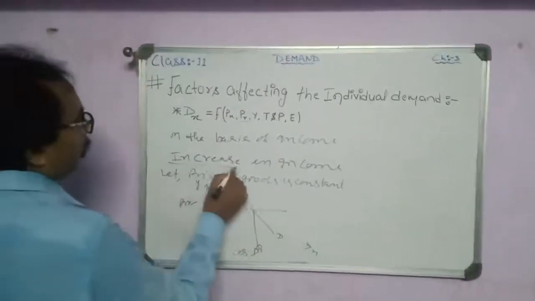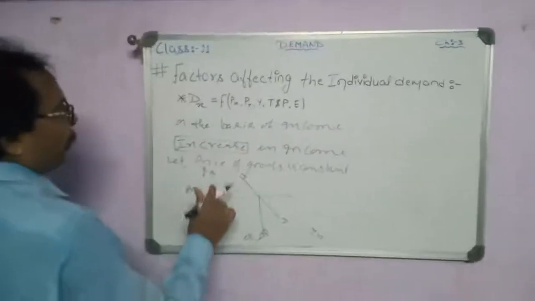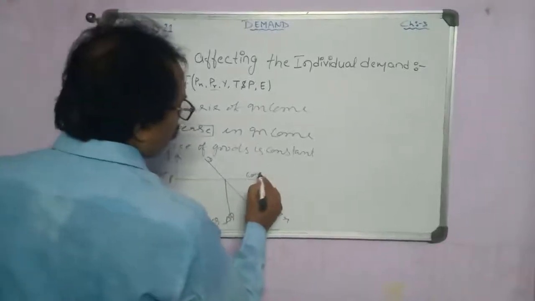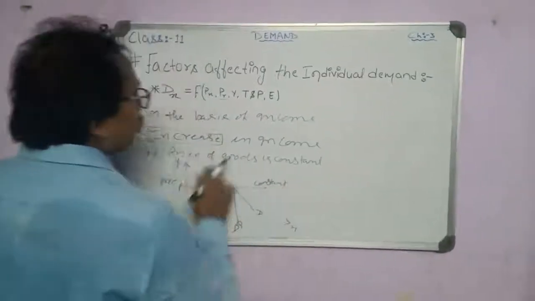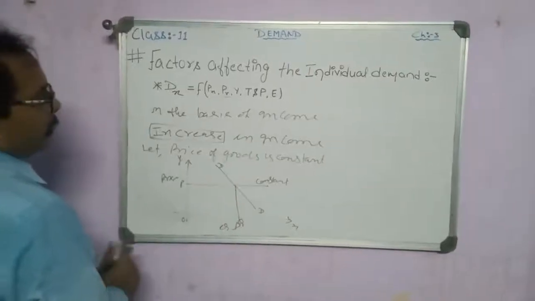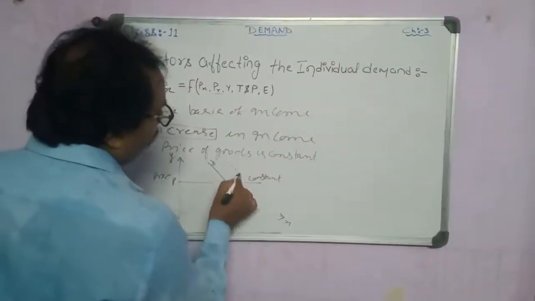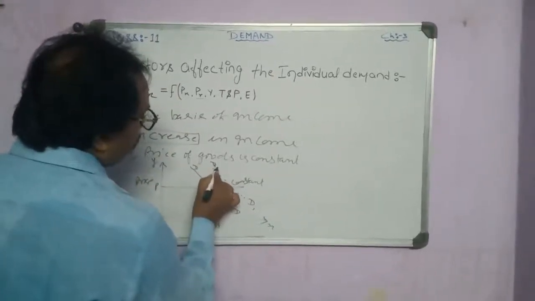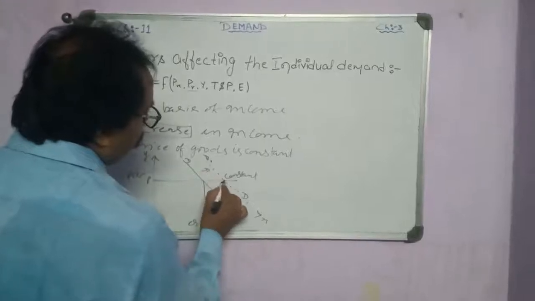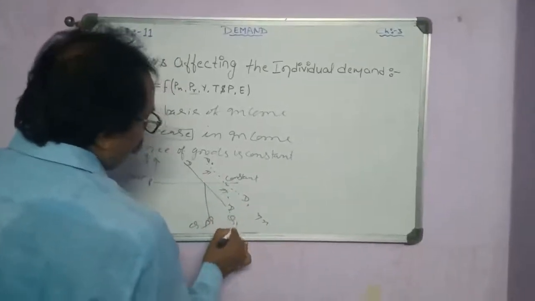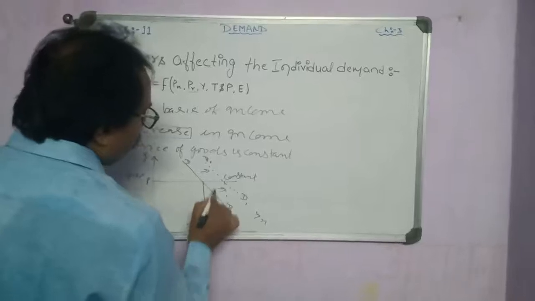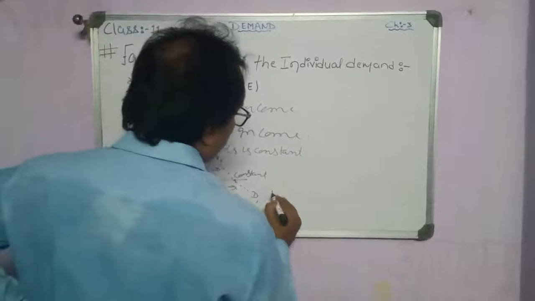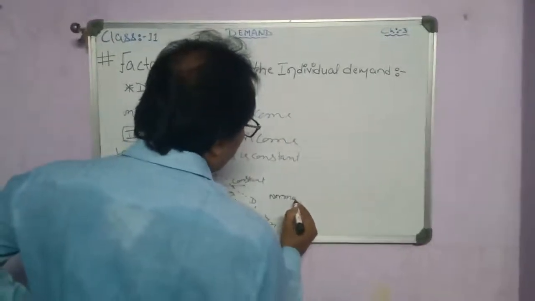But here the price of the commodity is constant, OP. But the income of the consumer has increased, that's why he is ready to buy more of the commodity, and that's why the demand curve shifts rightwards and the quantity demanded increases from OQ to OQ1. Is it clear? And it will happen in case of normal goods.